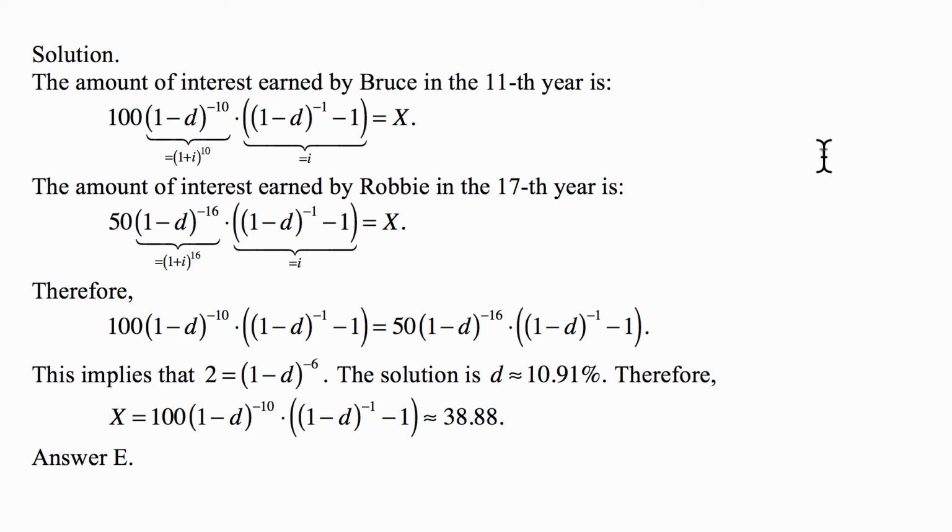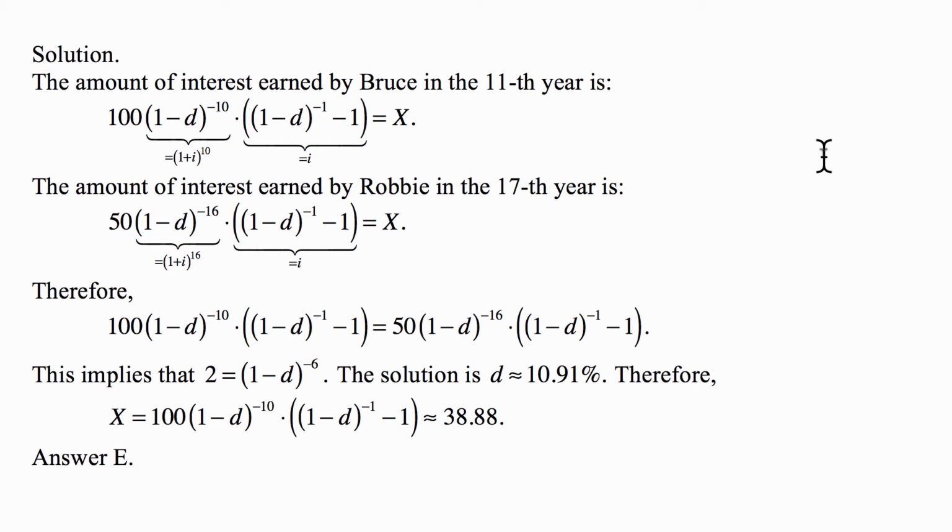100 divided by 50 is equal to 2. (1 minus d) to the negative 1 minus 1 cancels out on both sides. And then when we divide both sides by (1 minus d) to the negative 10th, or multiply both sides by (1 minus d) to the 10th, whichever way we do this, we get 2 equals (1 minus d) to the negative 6th.